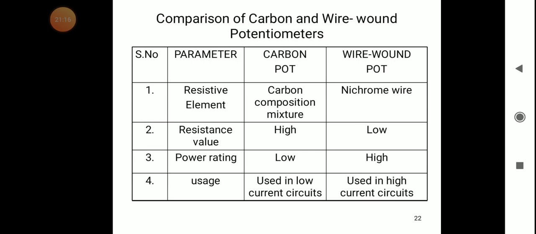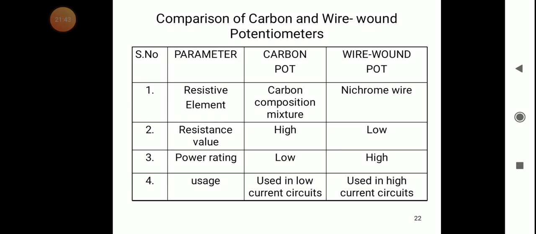The parameters we try to compare: the carbon part indicates the carbon potentiometer, and the wire wound part indicates the wire wound potentiometer. Now we compare them by parameter. The resistive element which we are using is carbon composition mixture in the carbon part, nichrome wire in the wire wound part.